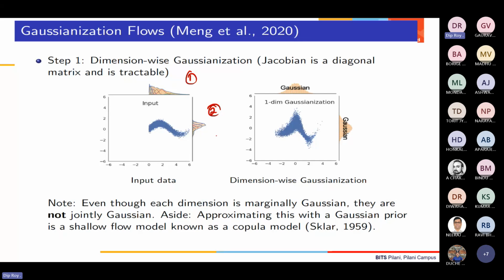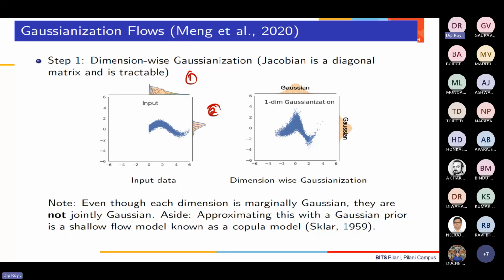If there are n dimensions, we will individually Gaussianize each of the dimensions. So we take each of the dimensions x1, x2 of our data and make it look like a standard normal or Gaussian distribution. How do you do it?